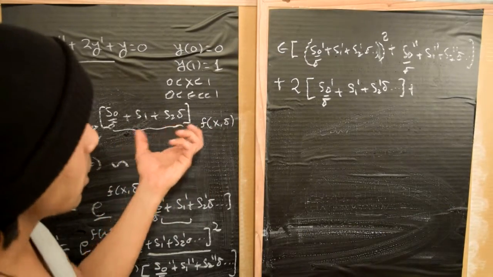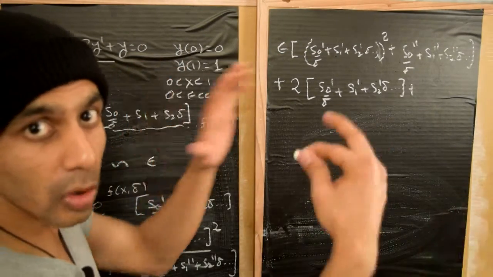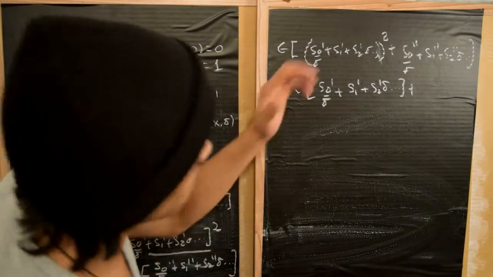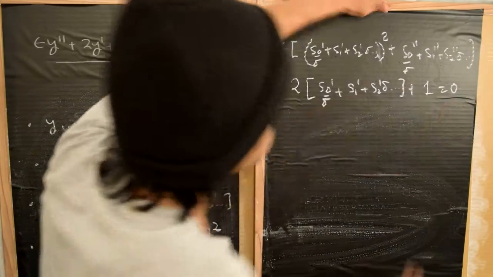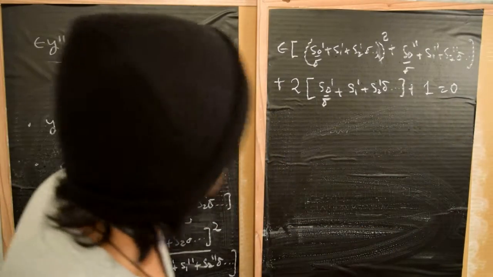And since the exponential is common to all three terms, its prefactor is just 1, so we have 1 equals 0, right?